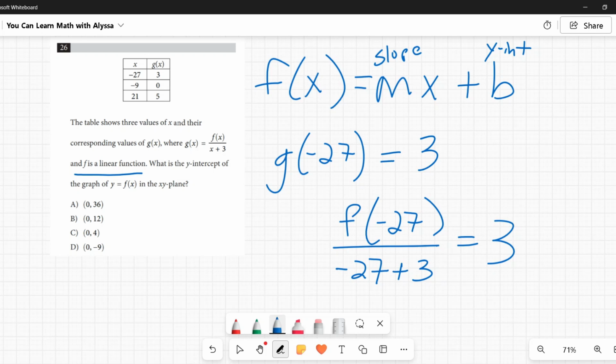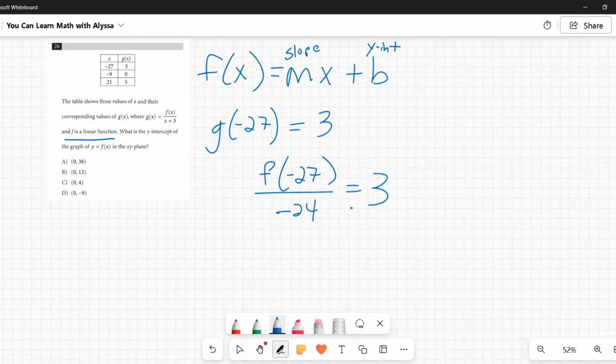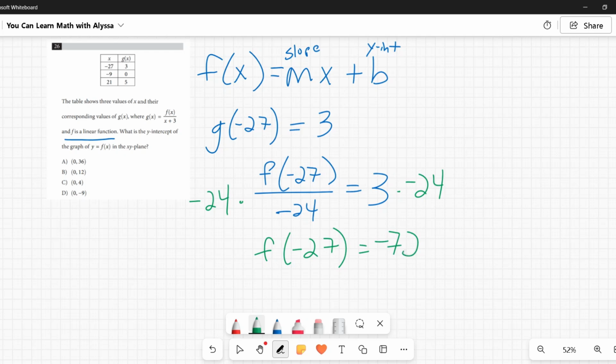On the bottom, negative 27 plus 3 is negative 24. So f of negative 27 is being divided by negative 24. I'm going to multiply both sides by negative 24 to undo that division. So I get that f of negative 27 is equal to 3 times negative 24, or negative 72.